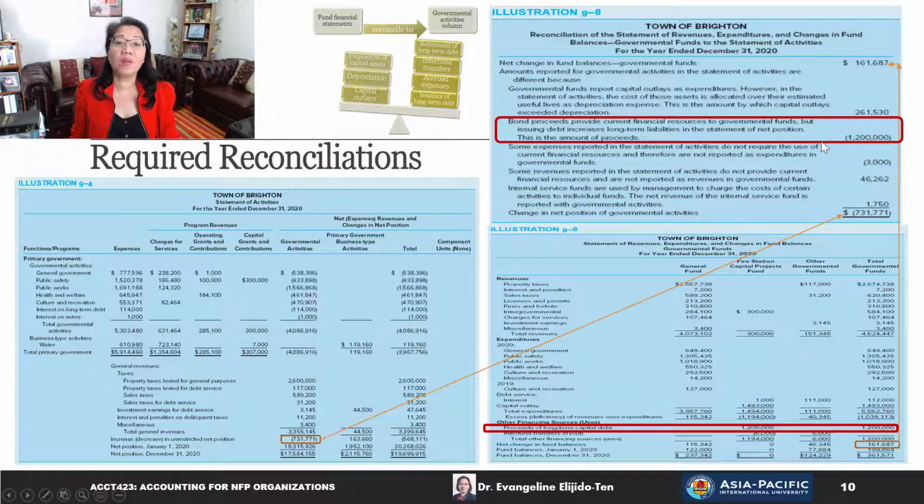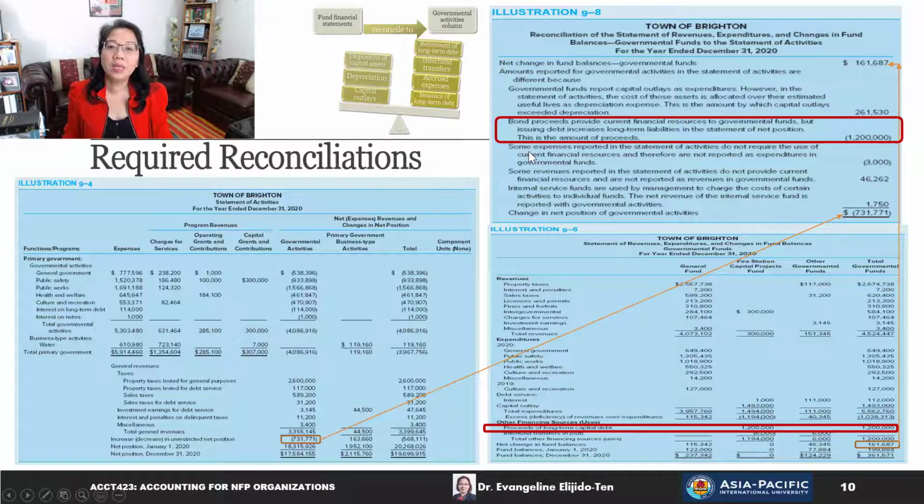So this is the amount of the proceeds that has been included. So again, this 1.2 million is included in the statement of revenues, expenditures, and change in fund balances for governmental funds, but excluded in the statement of activities. All right. So because it is included in governmental funds but not at governmental wide, we will deduct it.